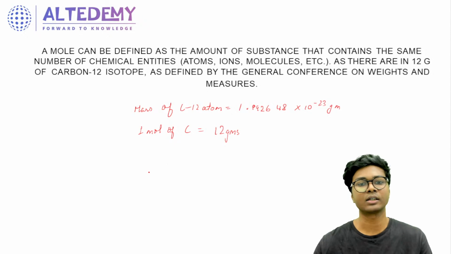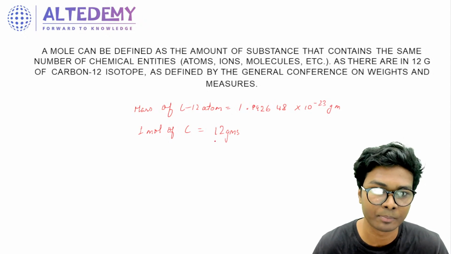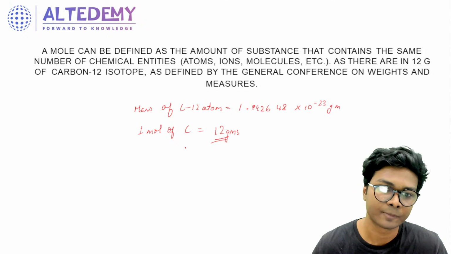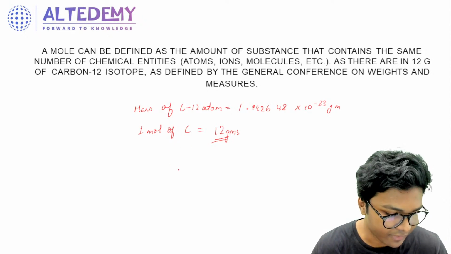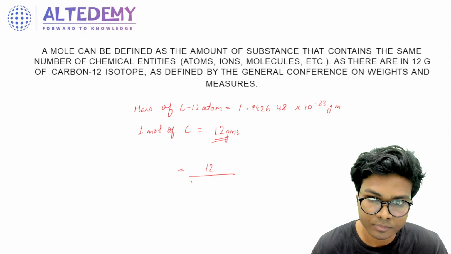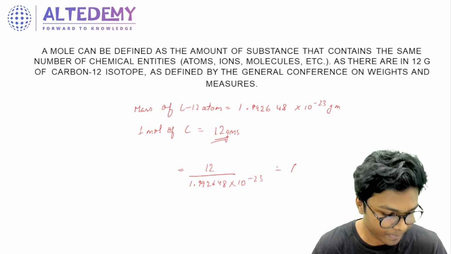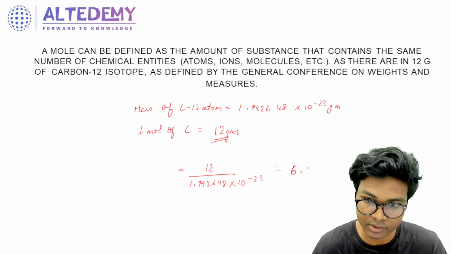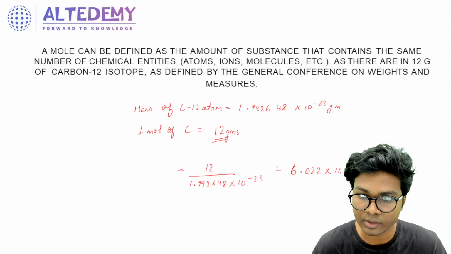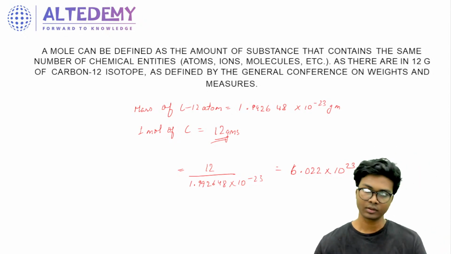So ultimately, to find the number of atoms present in these 12 grams, we have to divide it by the mass of 1 atom of carbon, which is 1.992648 times 10 to the power minus 23, which will ultimately give you the number 6.022 into 10 to the power 23 atoms per mole.